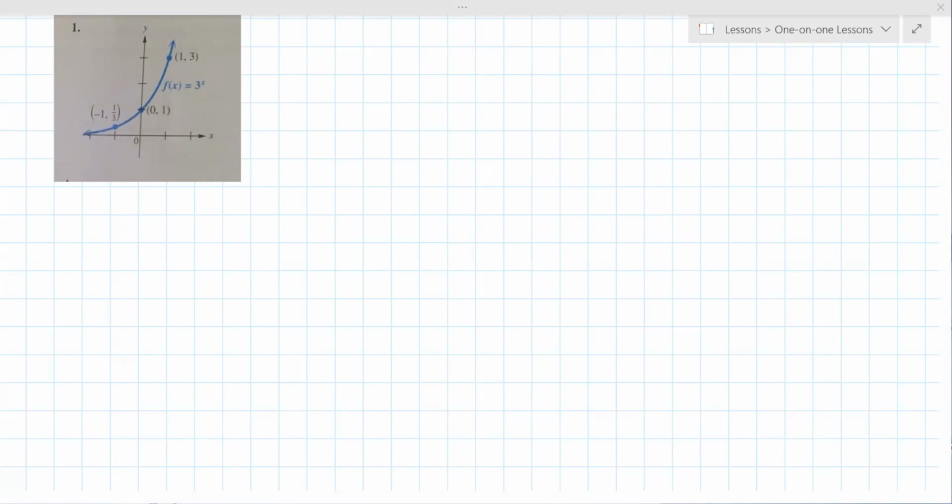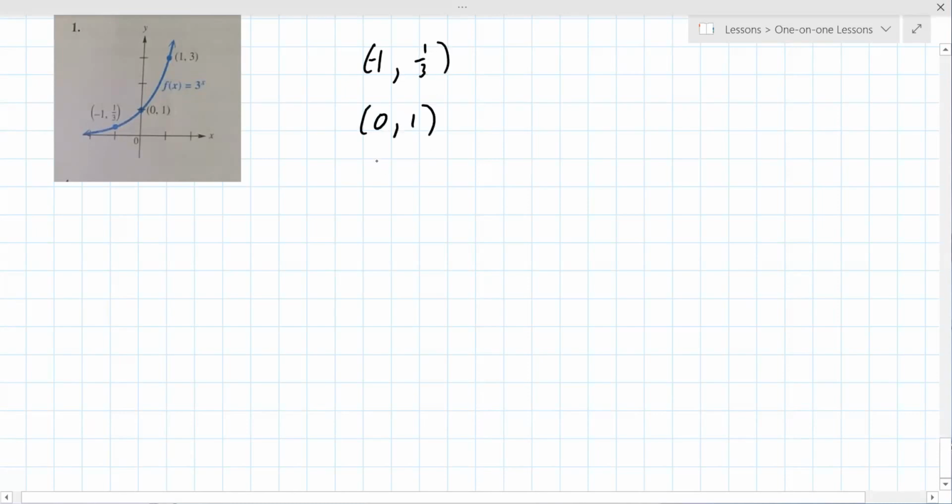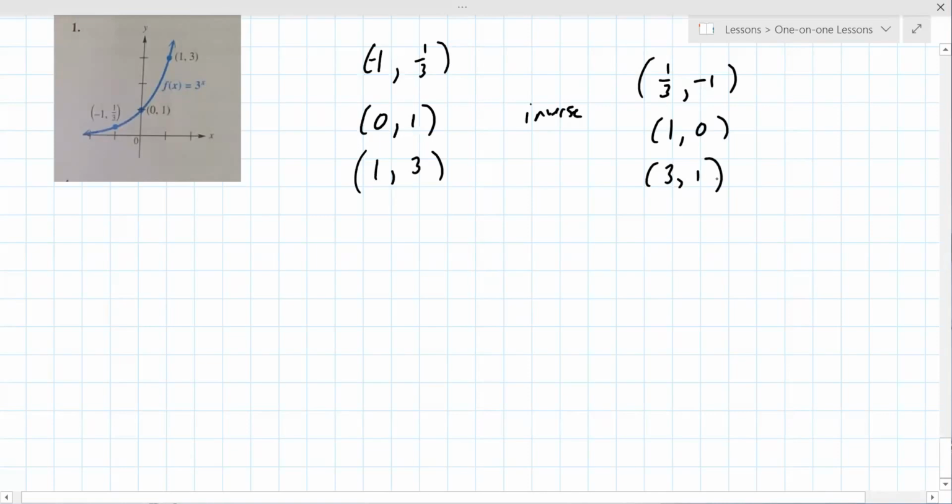So I think it's best to write the ordered pairs that you see here: -1, 1/3, 0, 1, and 1, 3. The inverse is the swap of these, so it becomes 1/3, -1, 1, 0, 3, 1. So just switching positions between the two of them.